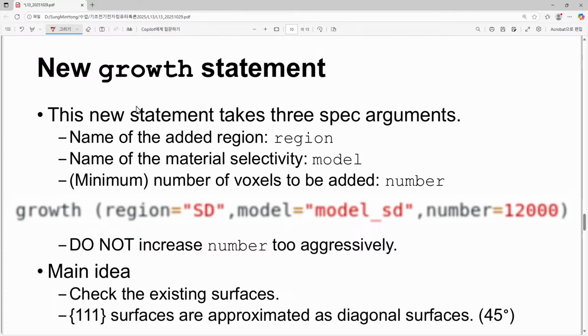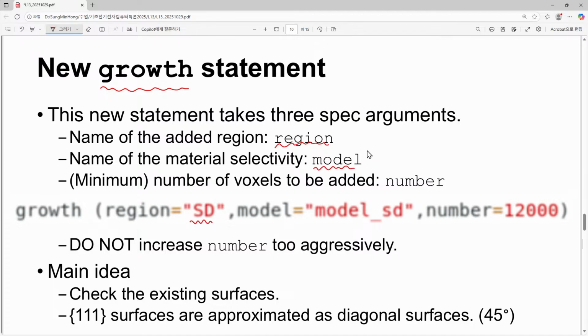that is named growth instead of deposition. In this new statement, we take three arguments. One is the region, so we will grow source and drain. Another one is material selectivity.